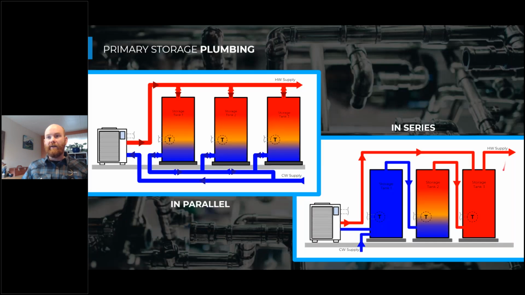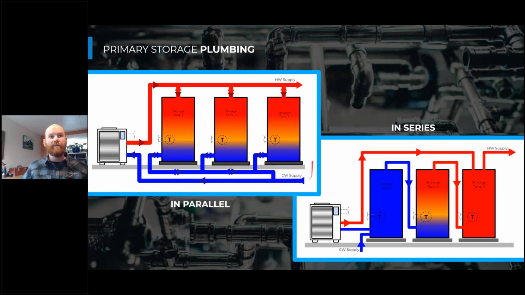So like our battery banks, we can connect those in series or in parallel with our solar system, or if it's in our Tesla or whatever electrical device we have, we can connect those batteries in 2 ways, either in series or parallel. We can do that same thing with our heat pump water heating systems, and that's thermal storage.